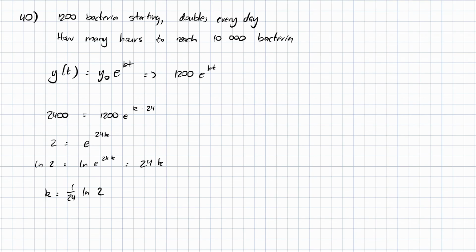Okay, so from here I plug in. 1,200 e^(t times 1 over 24 natural log 2). So this is equal to 1,200 e^(t/24 natural log of 2). All right. Now I want it when y of t is 10,000, right?